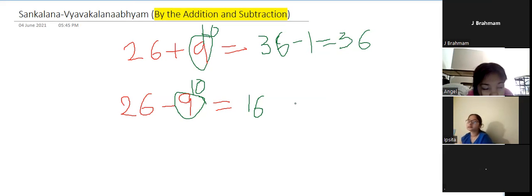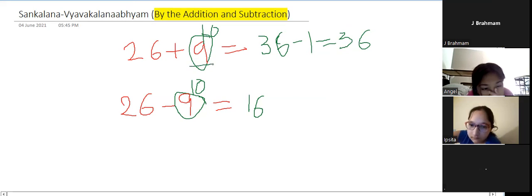Give back means add that one to the resultant number. Here we added one extra, that is why we subtract that one. And here we have already subtracted one extra, so we'll add that one. It becomes 17. Understood this point?